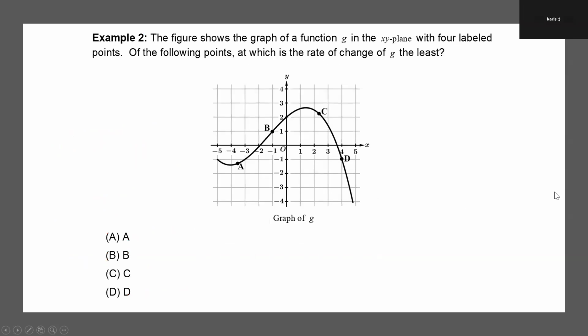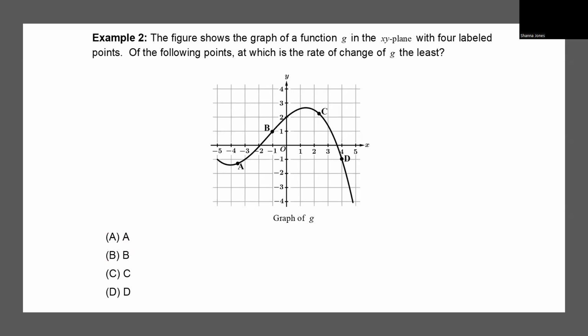All right, let's see if we got this again. Here you go. So the next thing I want you to read through is this figure, and the graph is G, with 4 labeled points, A, B, C, D. Of the following points, at which is the rate of change the least? So like the lowest.